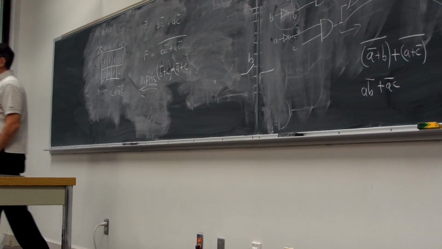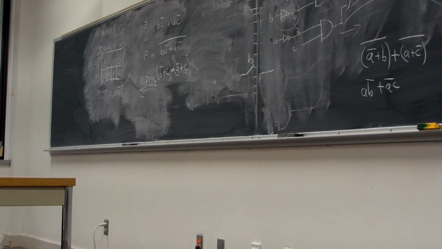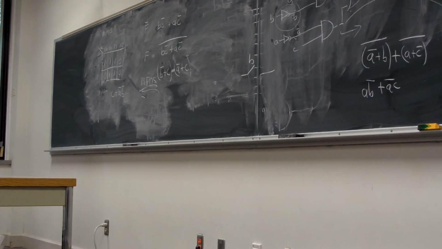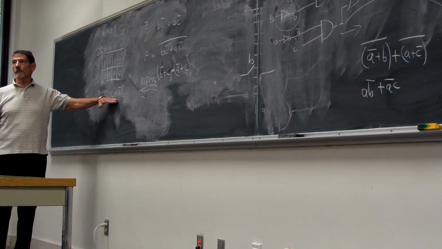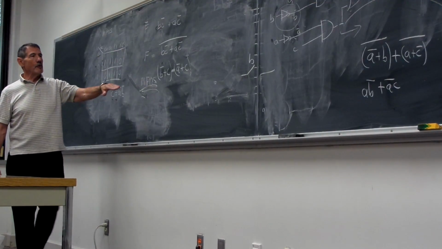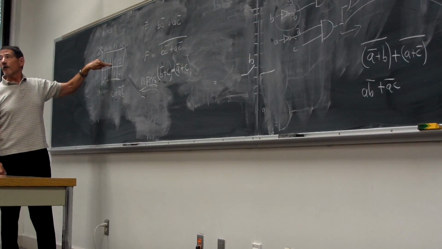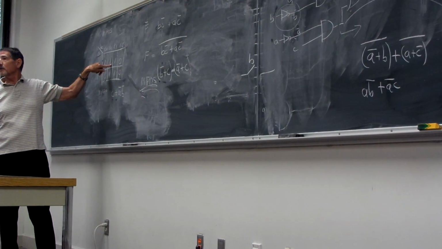This is going to be a minimum product of sums solution. So the C plus A bar, B bar was the minimum sum of products? That is correct. I guarantee that if you do the truth table for this guy here, you're going to end up with this.